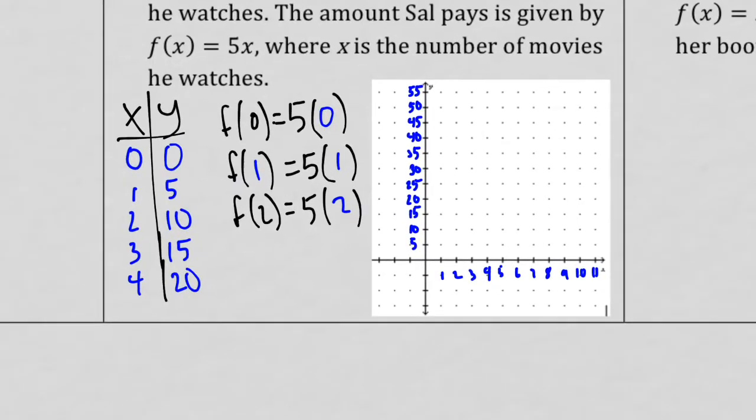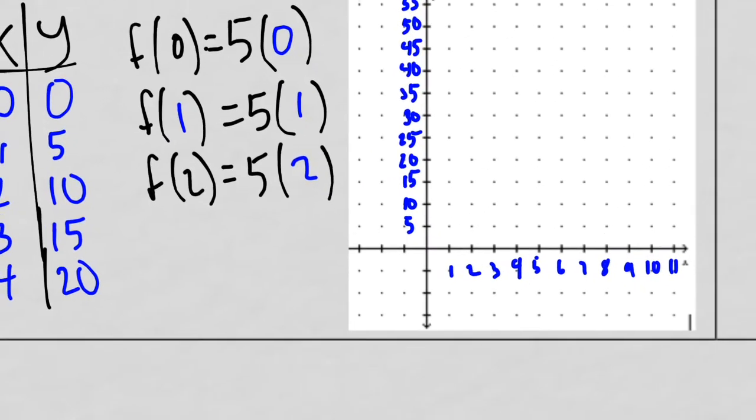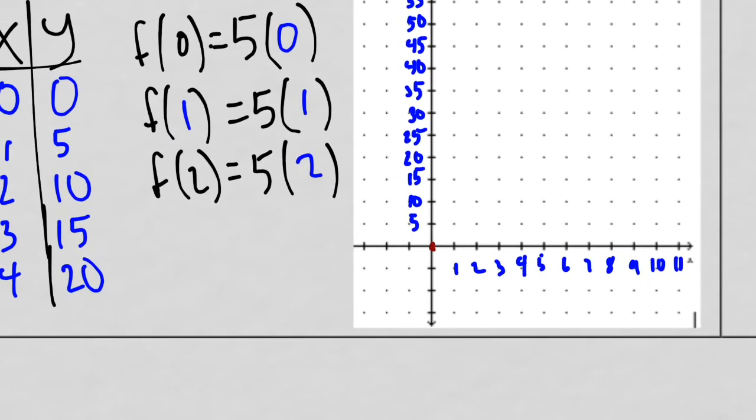All right, we have a pattern basically set up, right? 0 movies, $0. That's the first point I'm going to plot. Right there. 1 movie is $5. 2 is 10. 3 is 15. 4 is 20. 5 is 25.